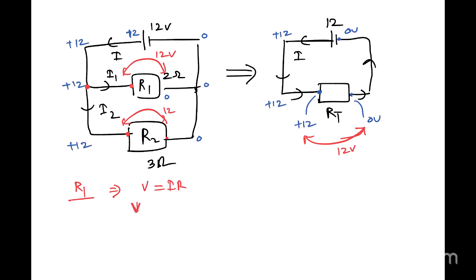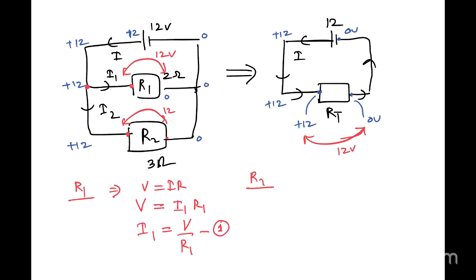So V, the same voltage, right? 12 voltage difference equals I1 R1. So this is my first equation. Now I'll rearrange it, right? So I can rearrange the equation: I1 equals voltage over R1. This is my first equation.